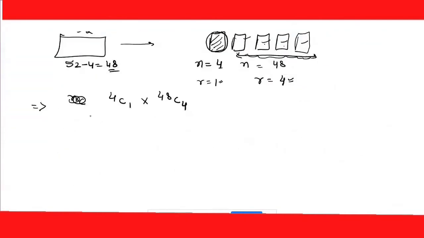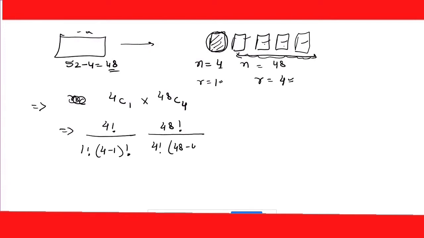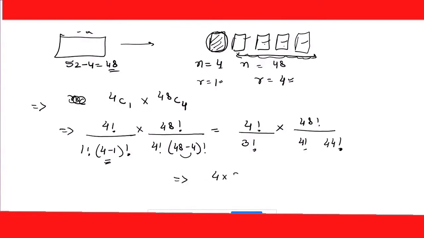We have 4 factorial over (4 minus 1) factorial, into 48 factorial over 4 factorial (48 minus 4) factorial. When we solve, we get 4 factorial over 3 factorial, which is 4, into 48 factorial over 4 factorial 44 factorial.